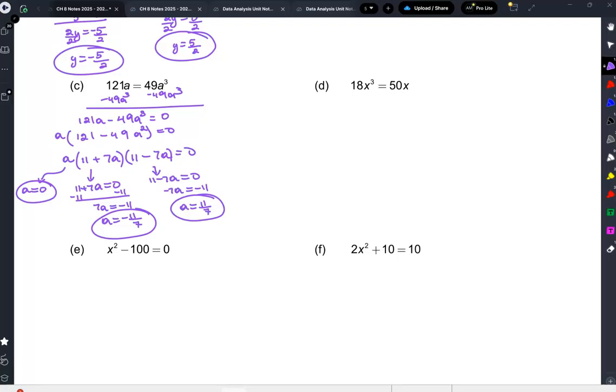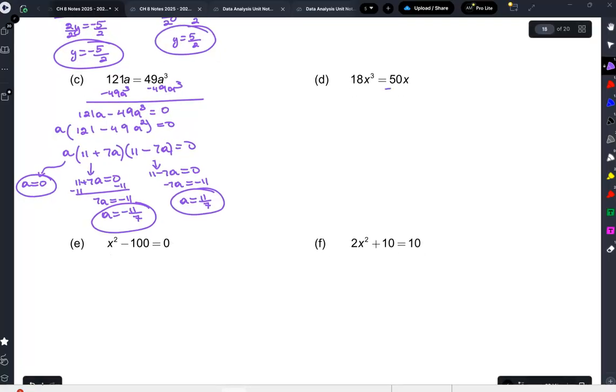Okay, let's take a look at the next one. I'm going to subtract 50x. So I get 18x cubed minus 50x is equal to 0. I'm going to factor out. What can I factor out? What else can I factor out?